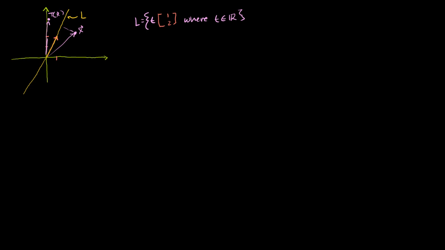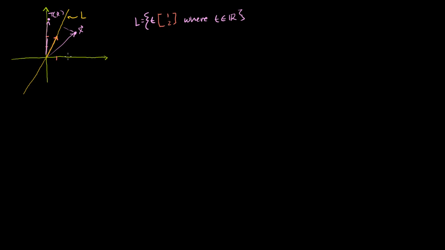I'll do another example. Let me give you a particular vector. Let's say I have a vector that's orthogonal to my line. So let's say I have the vector, I'll call it v1. And something that's orthogonal to that, I can switch these two guys and make one of them negative.